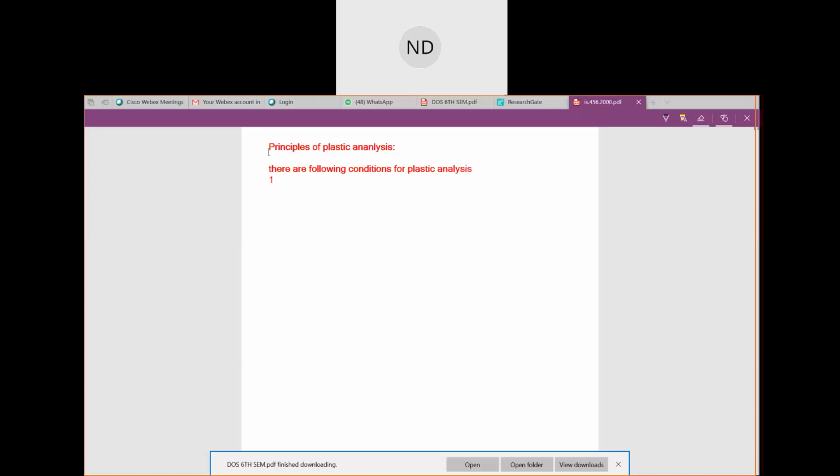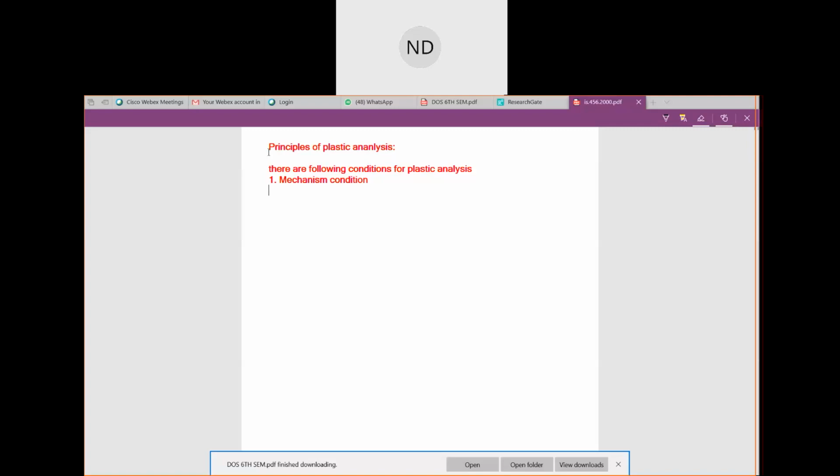First of all, the mechanism condition. In this mechanism condition, when the ultimate load is reached, the structure will collapse mechanically.